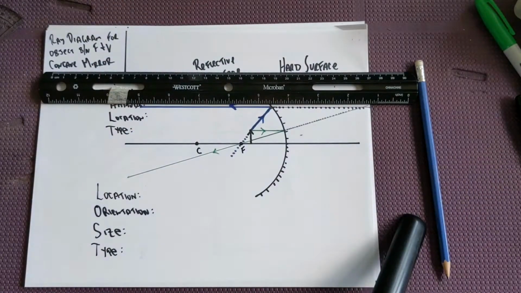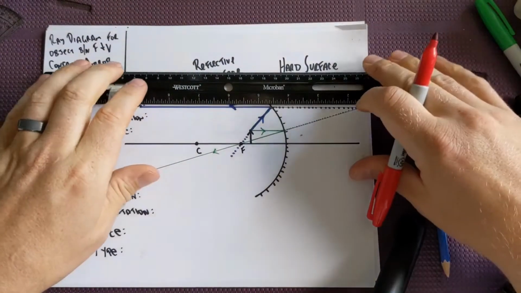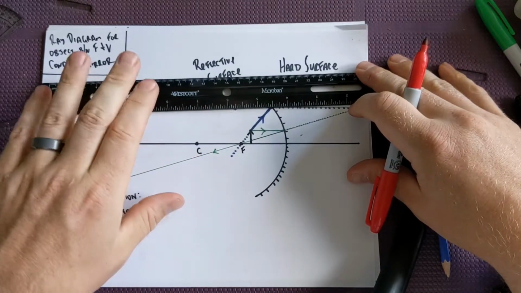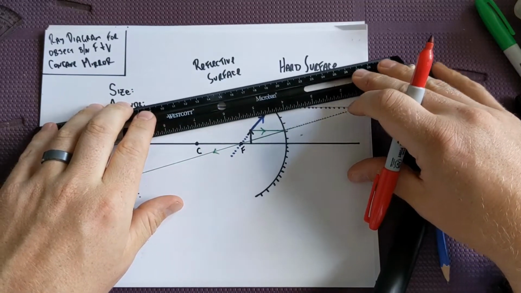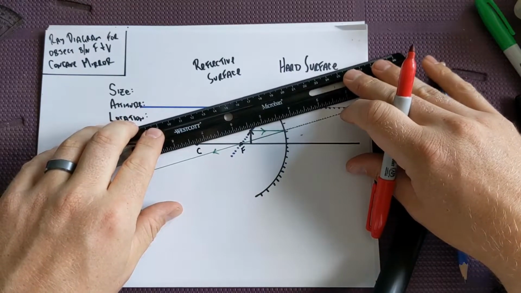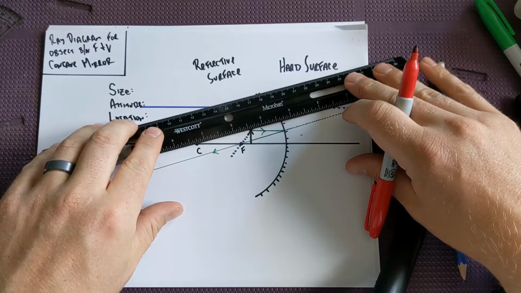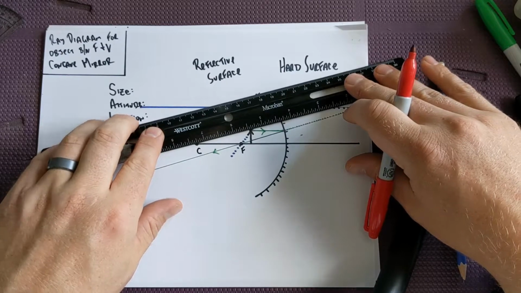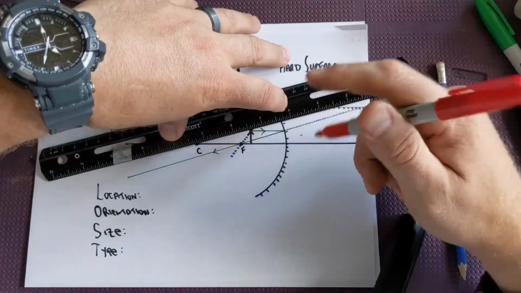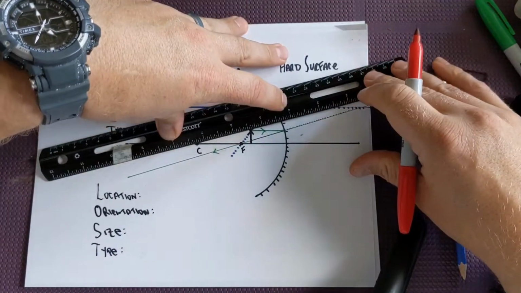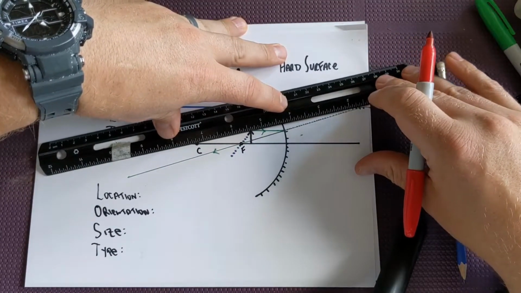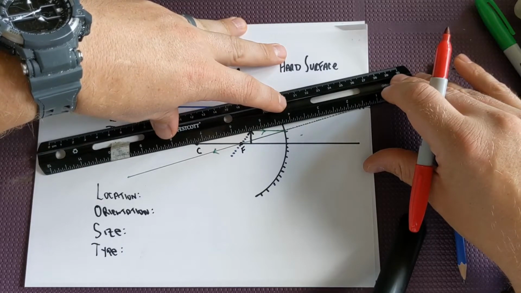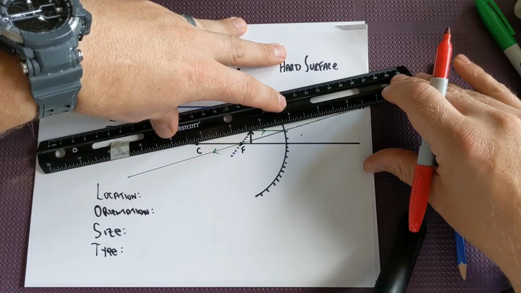Now we're going to draw our third ray, which travels through the center of curvature and the top of the object to the mirror. So through the center of curvature, the top of the object.